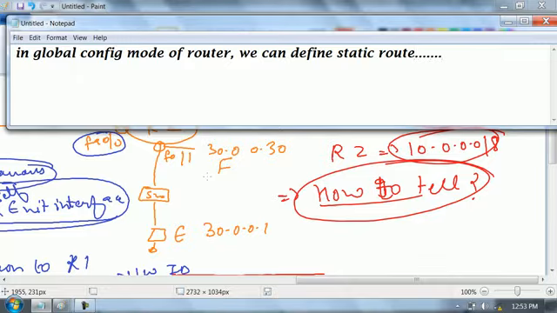We can define. First of all, we will write. What will we write?